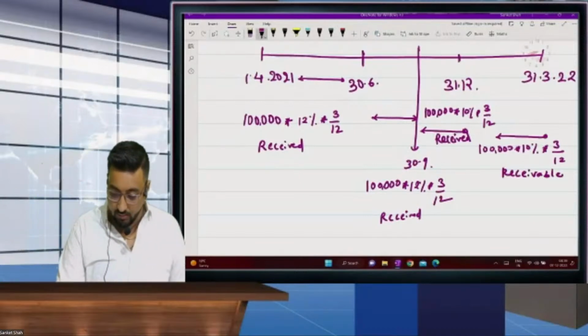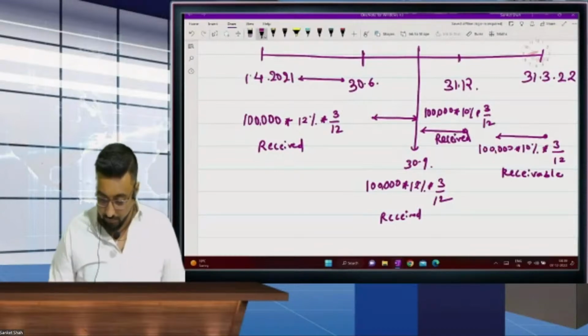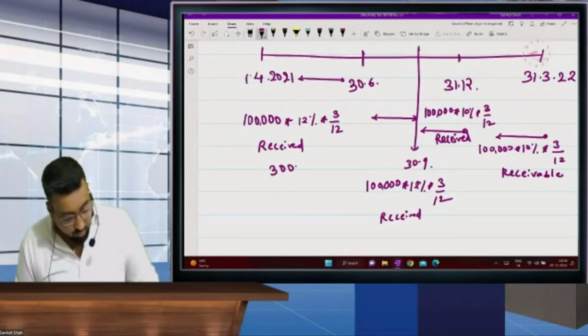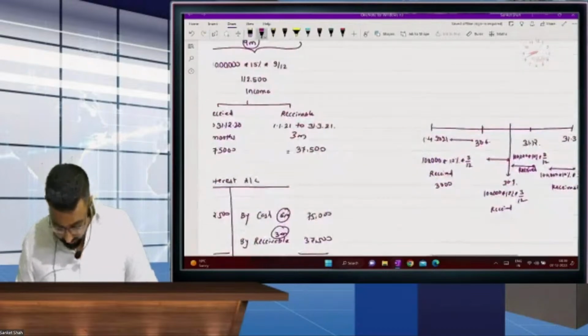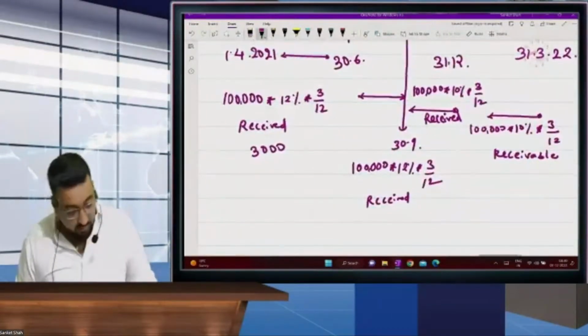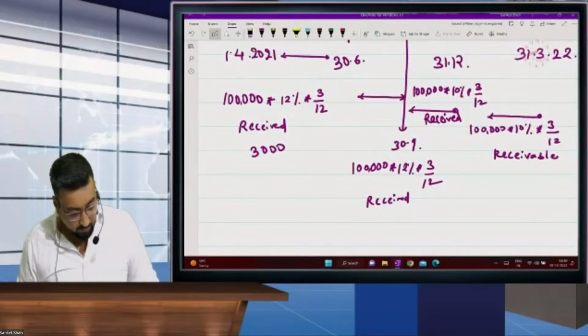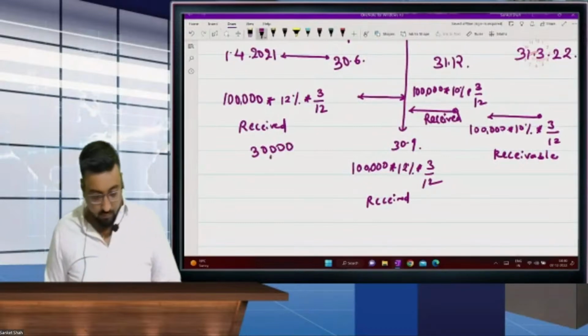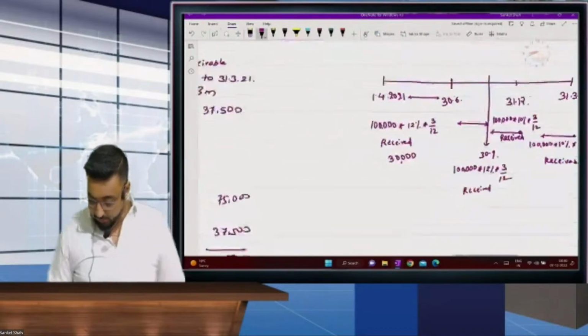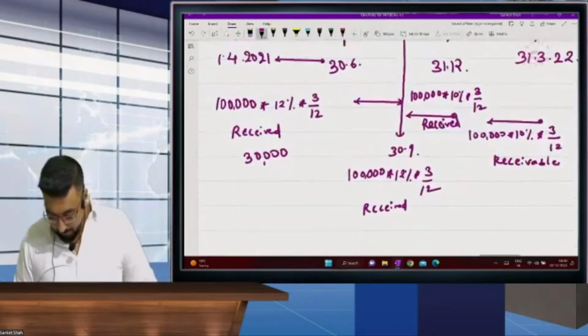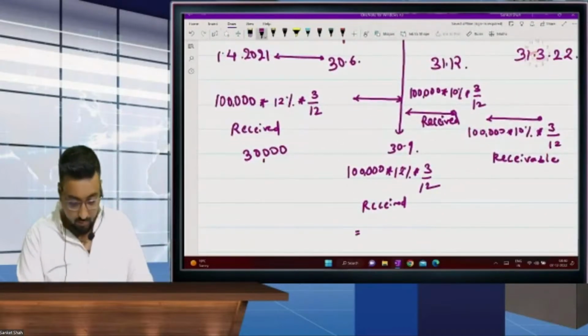So 10 lakhs into 12% divided by 12 into 3, 30,000.